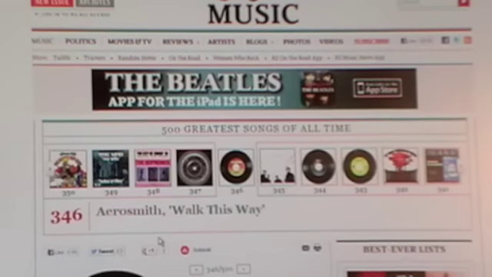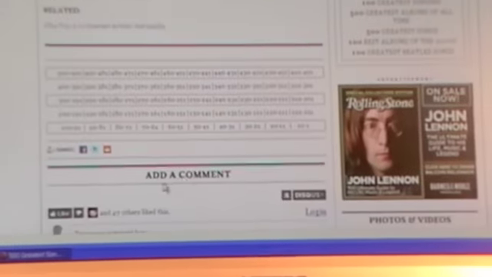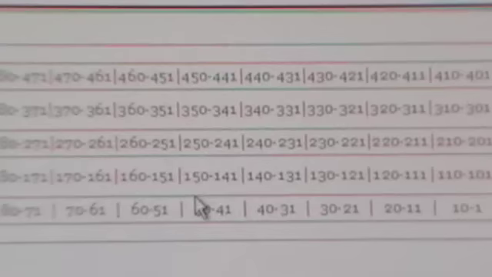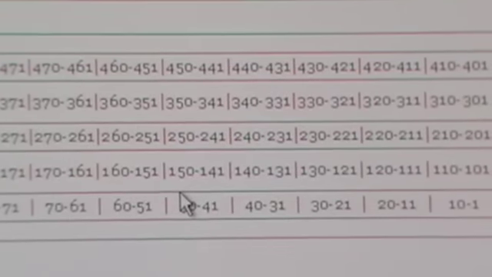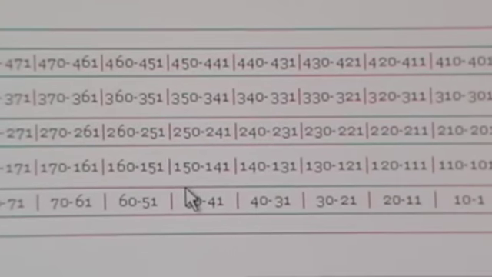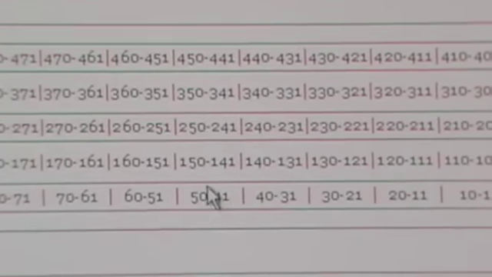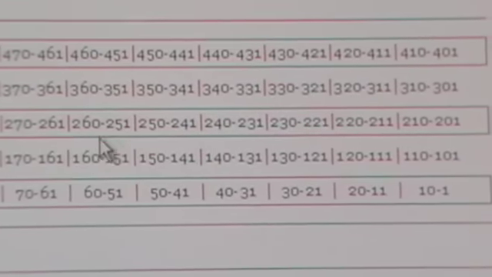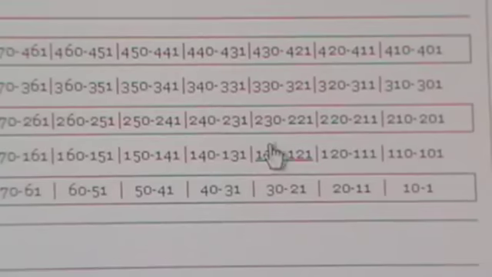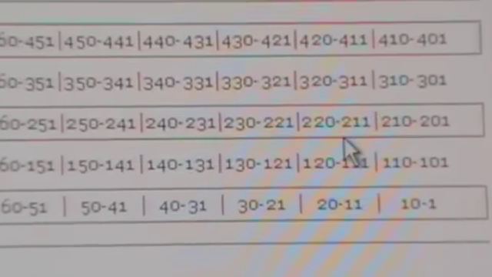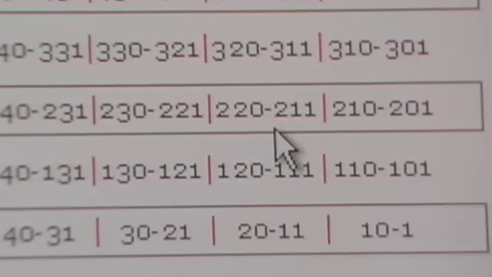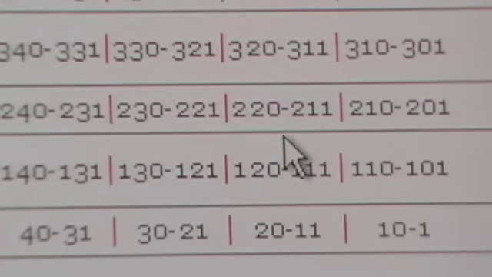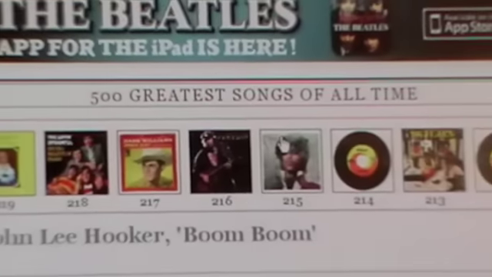Okay, then I scroll down again and we get our number range back, and we're going to look this time for our next number on the list, 216. So that's in this range here, 220 down to 211. I've clicked on that.